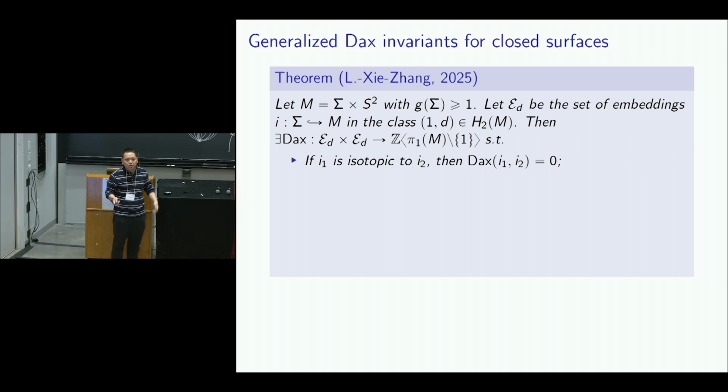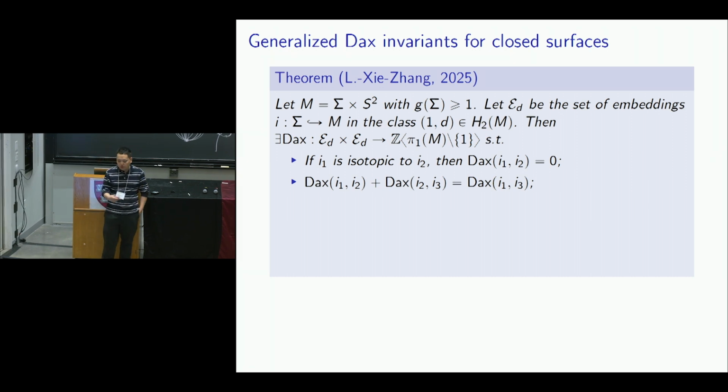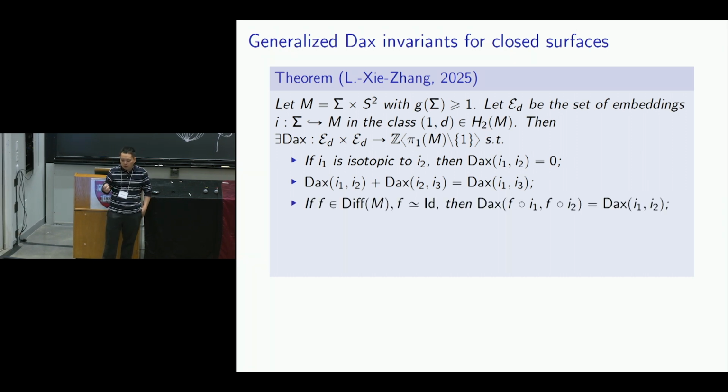So if you have two embeddings which are isotopic to each other, then the Dax invariant is 0. And it's additive. Also, it's invariant under diffeomorphisms. So if you have a diffeomorphism which is homotopic to the identity, then it preserves the relative Dax invariant.